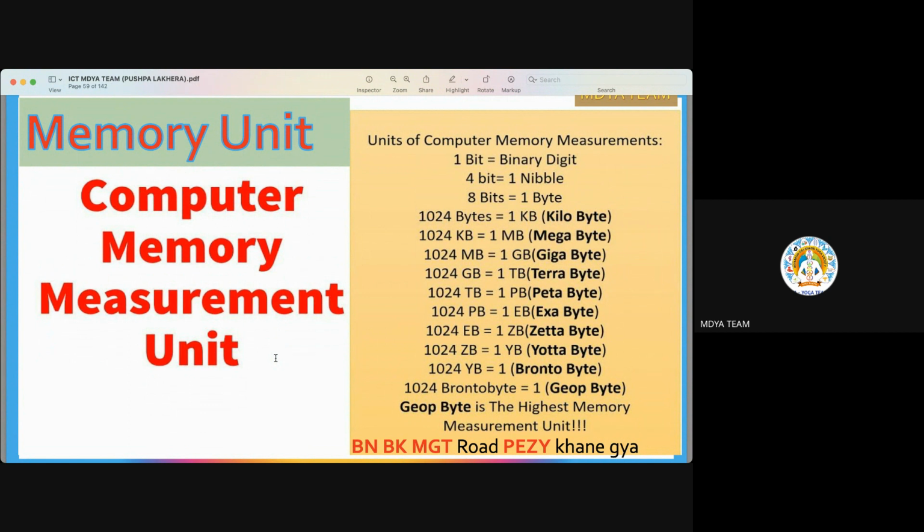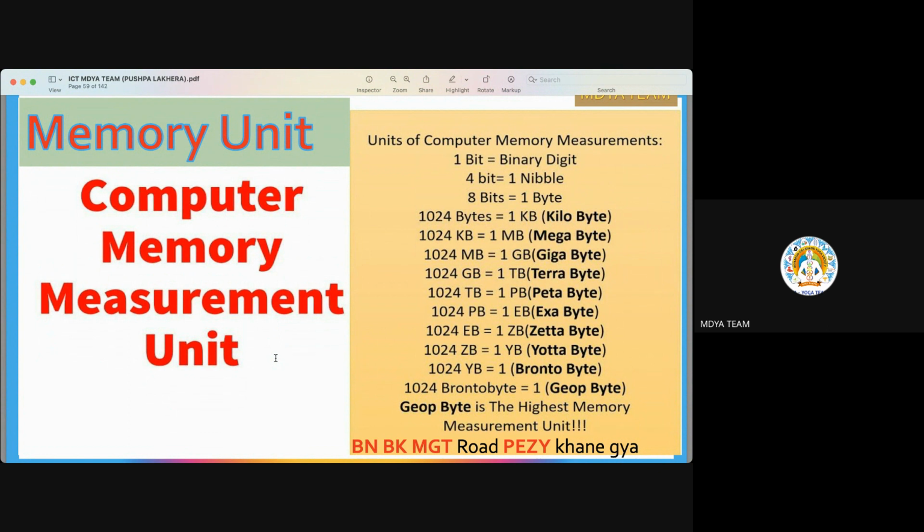Now, if some character or some instruction is represented by 4 bits, then it is called one nibble. So one nibble contains 4 bits, a combination of zeros and 1 four times, like 0 0 0 1 or 1 0 0 1.